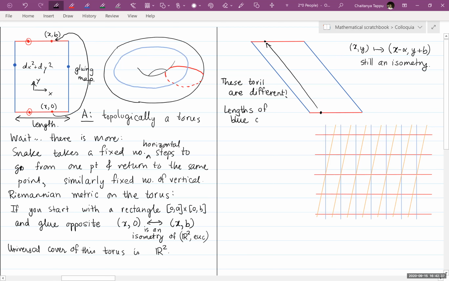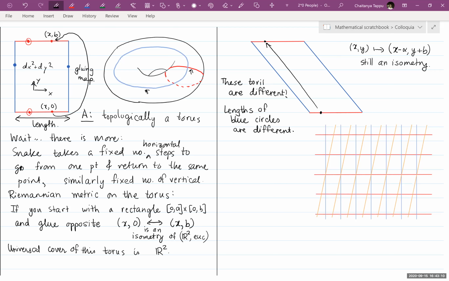So if we keep track of the two circles that we have to cut along in the torus to get back our parallelogram or rectangle that you started with, and you keep track of their lengths, you can see that these two tori are different.